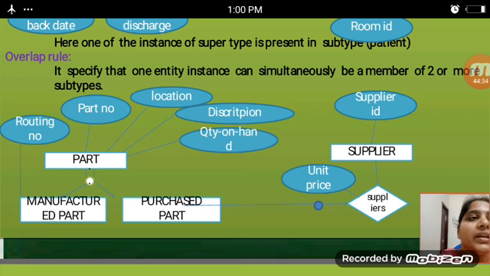This is the overlap rule: one entity instance can simultaneously be a member of two or more subtypes.